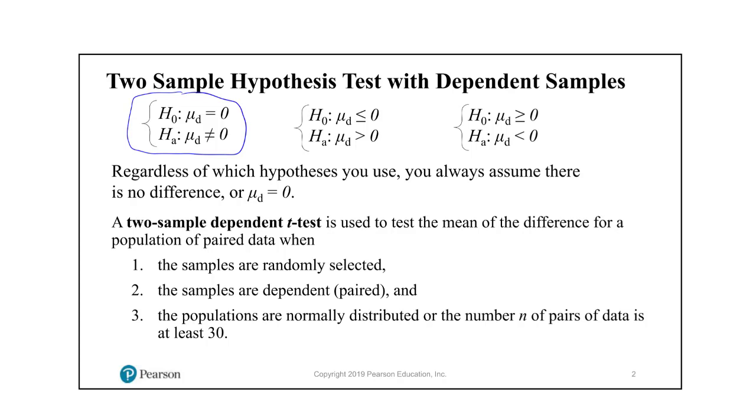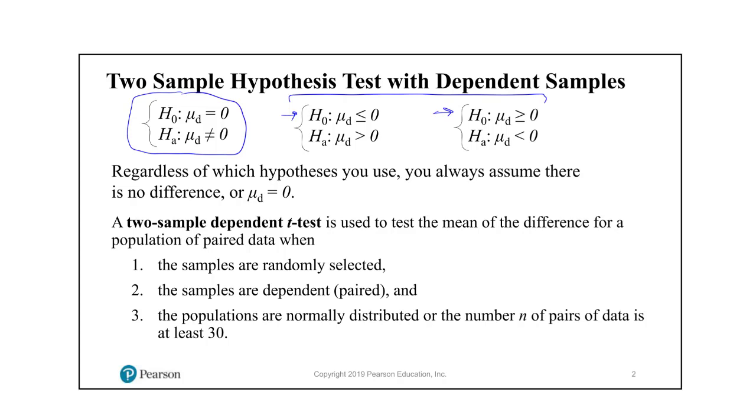So a two-tailed case. And with the one-tailed cases, the null hypothesis says that the mean difference is 0 or negative in one case, and 0 or positive in the other. And so we have our two-tailed case and our one-tailed cases.